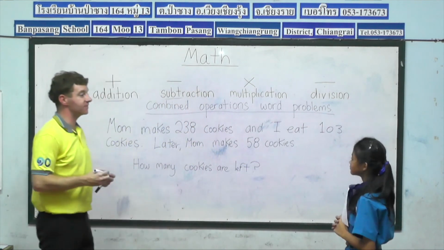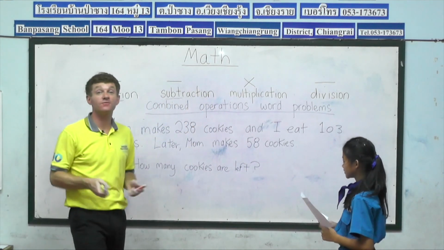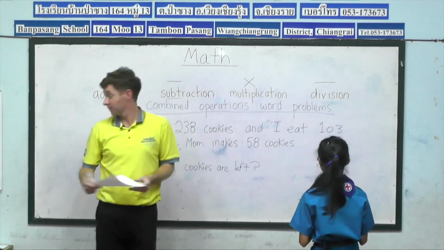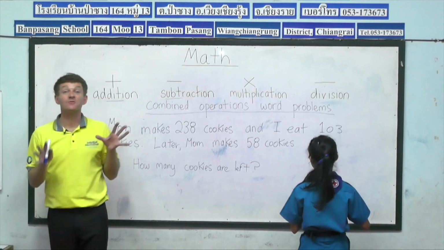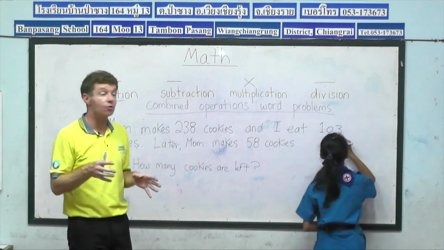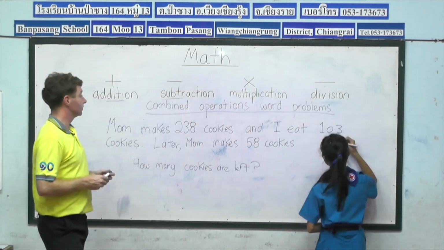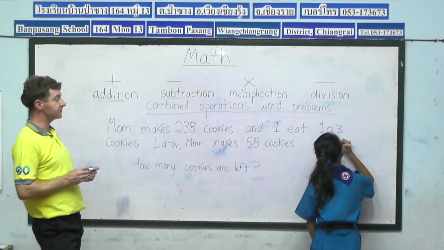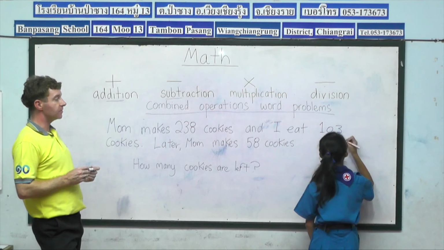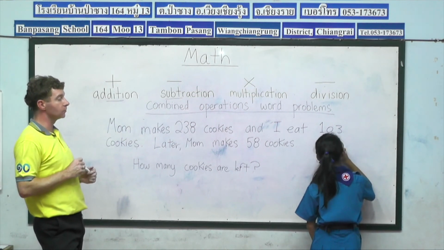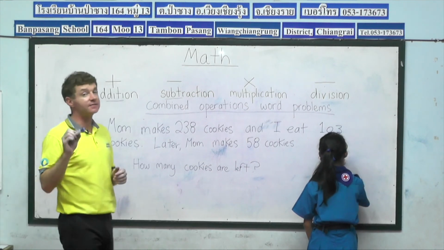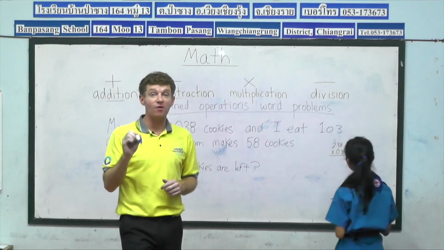Okay, well, let's find out, because now it's time for Dan to demonstrate the answer to his word problem. First of all, guys, we need to identify the numbers for calculation. So we have 238, and then our next number, 103. But this time, we don't add these numbers together, it's a subtraction problem.